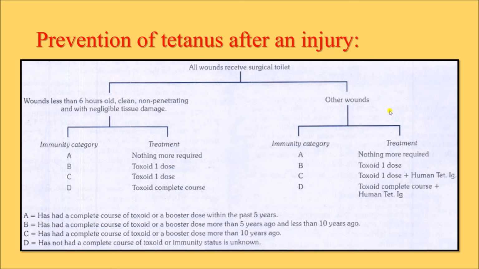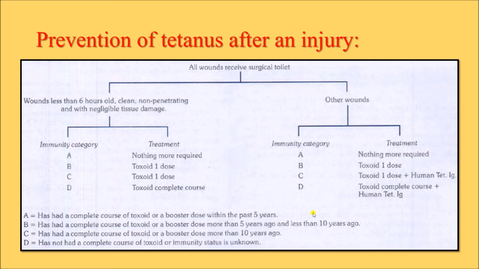This is in case of new wounds which are clean, non-penetrating and with negligible tissue damage. Now in case of other wounds, that means those wounds which are more than 6 hours old, which are dirty, penetrating and with significant tissue damage, same thing. But here also in case of category A, that is the person had complete course of toxoid or booster within 5 years, he does not need anything. B, same as the previous category, only 1 dose is sufficient when the person received the toxoid complete course or the booster dose between 5 and 10 years back.